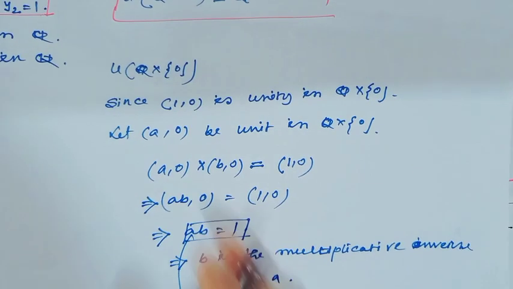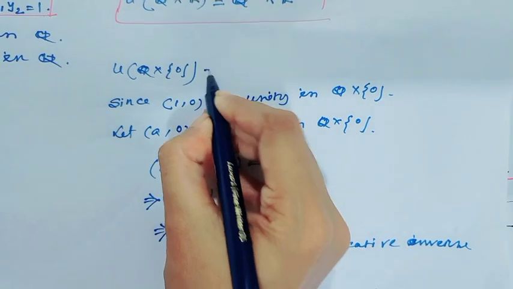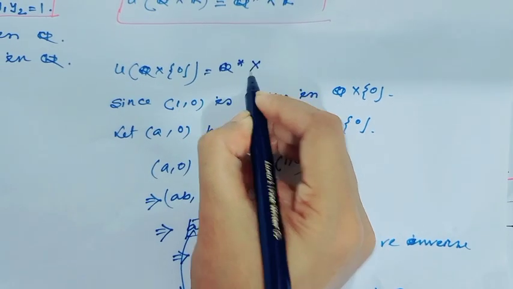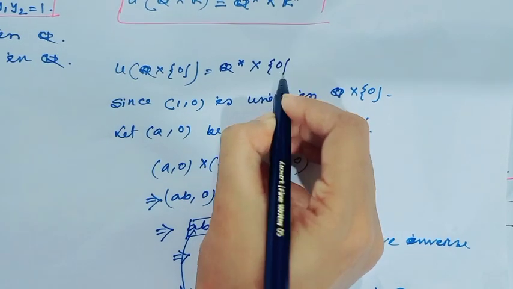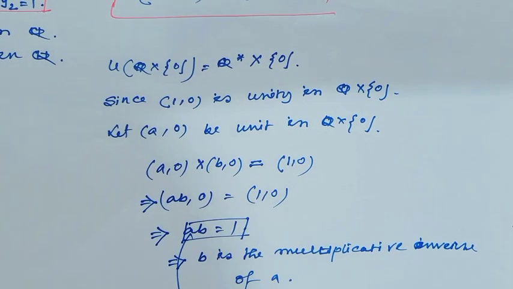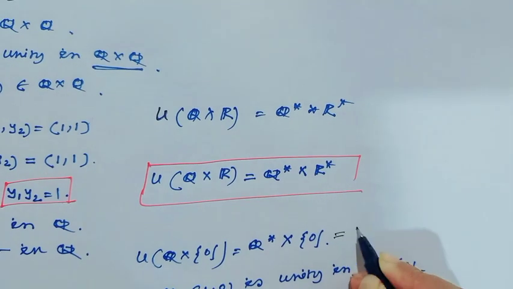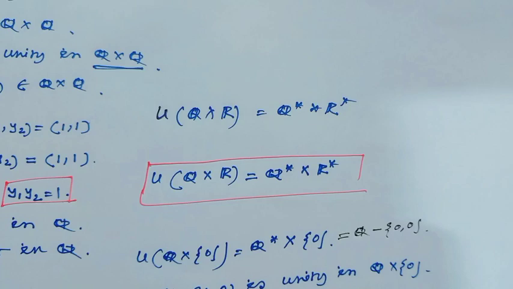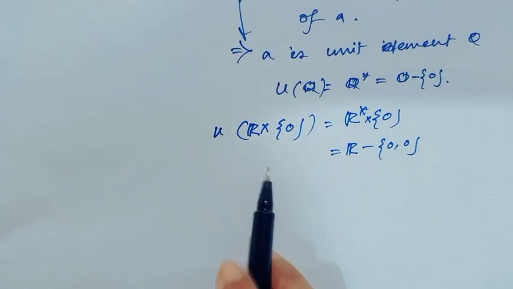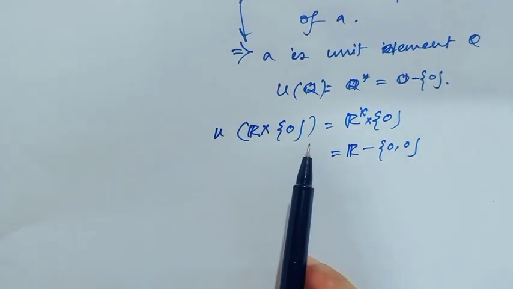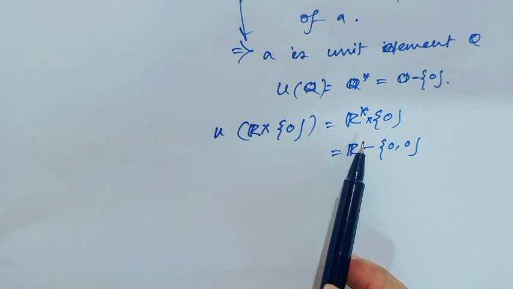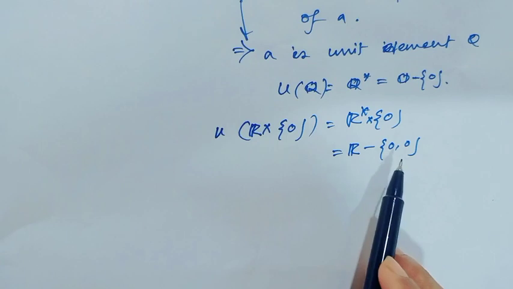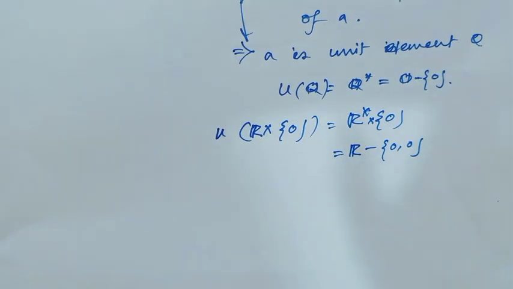Therefore, U(Q cross 0) equals Q star times the singleton set 0, that means Q omitting 0, comma 0. If we find U(R cross singleton set 0), this is equal to R star cross 0, which means R minus the singleton set 0, comma 0.